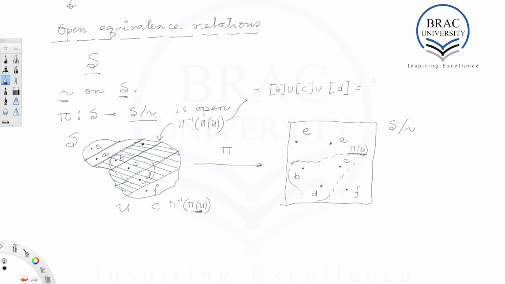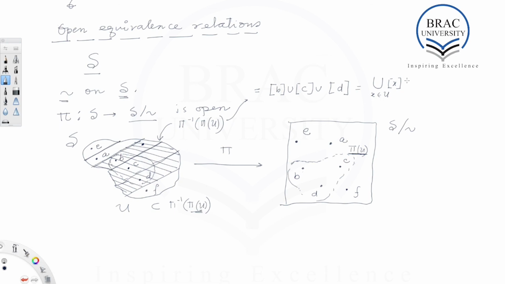Which can be written down as the union over x in U of the class of x, for all the x's belonging to U, over which we are taking the union. Okay, so this kind of gives you the picture of what's happening around.